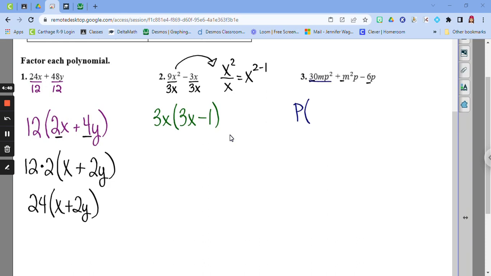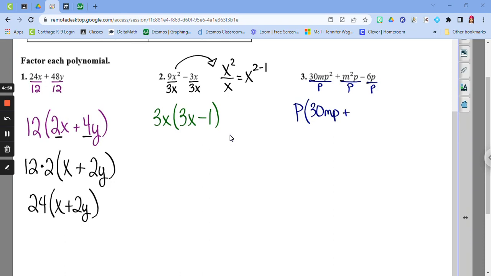So if I divide each of these by P, then I'm left with 30M and 1P.